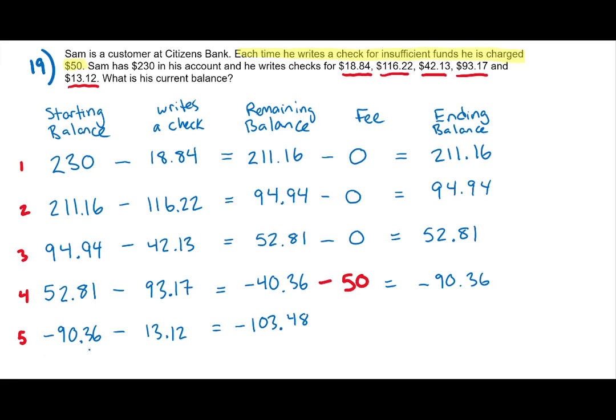So negative 90.36 minus the 13.12. Now we're at a negative 103.48. Again, insufficient funds. So now there's the $50 charge again. Every time he writes a check with insufficient funds, there's going to be a $50 fee. So this is the second $50 fee. So that will give us a balance of negative $153.48.